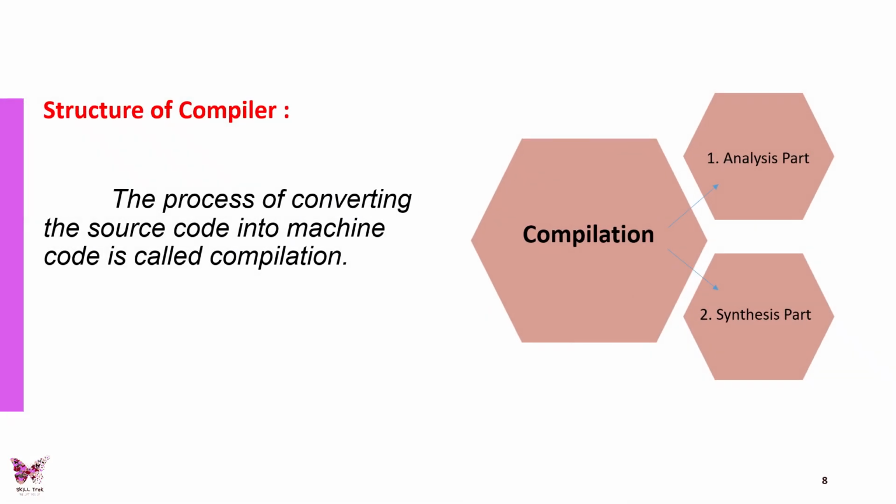Structure of a compiler. The process of converting the source code into machine code is called compilation. Compilation is basically divided into two parts. The first one is the analysis part and the second one is the synthesis part.